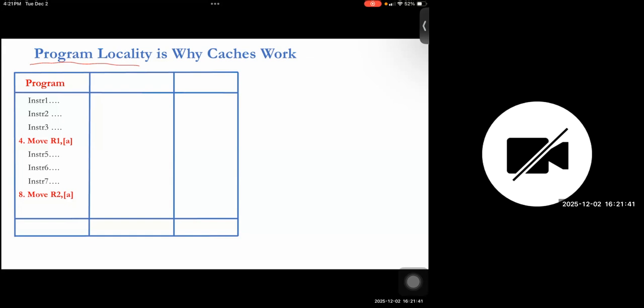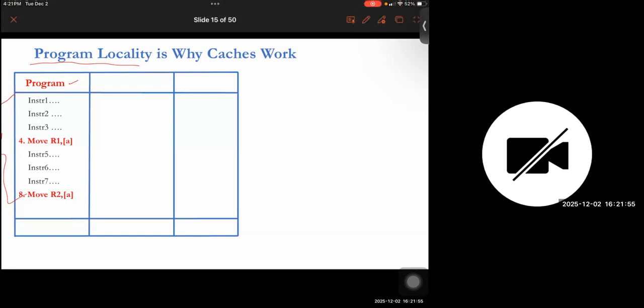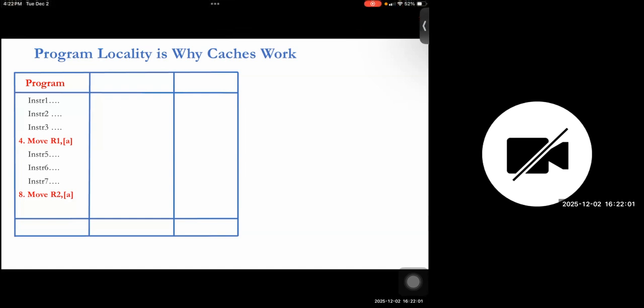We have a program. That program is compiled, so the compiler generated the instructions. For that program, it generated 8 instructions. Assume these 8 instructions are ready for execution in the pipeline. First, let us see if there is no cache memory.